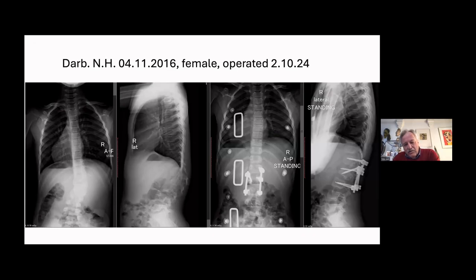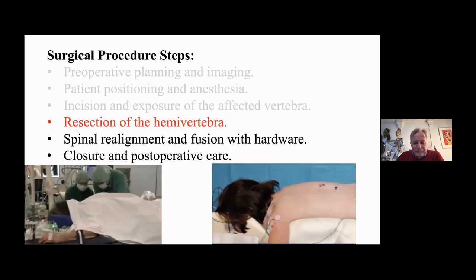It was a short fixation relatively, including 2 mobile segments, but basically pretty well balancing the spine in the AP view, but also in the sagittal view, just by a localized procedure with a partial resection of the hemivertebra and some osteotomies in the back.